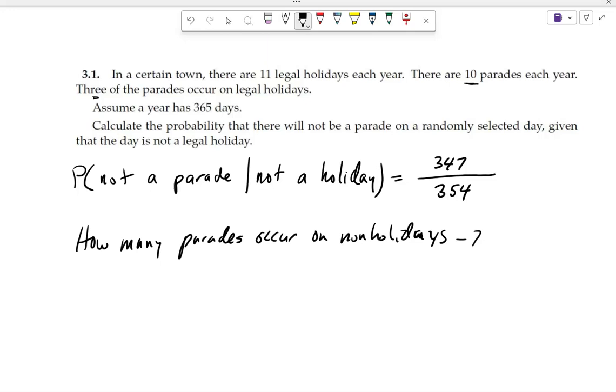That's 7, right? So this is just your non-holidays minus the number of parades that are on, because we went not a parade. So we're just subtracting the 7 off. Yep. That one okay? Okay with that? All right.